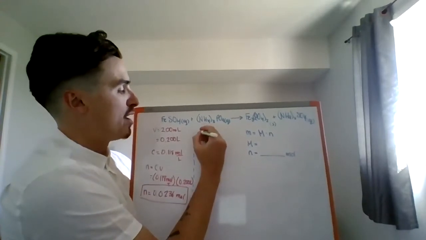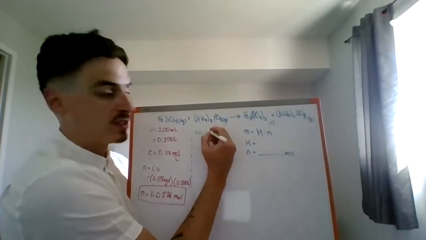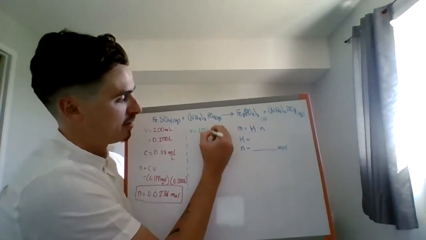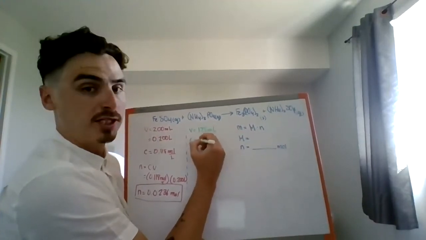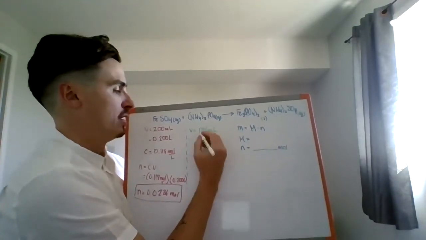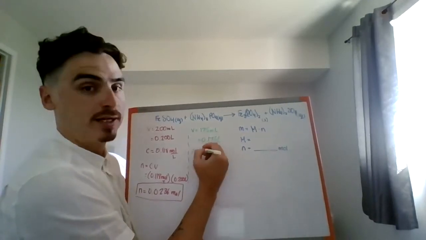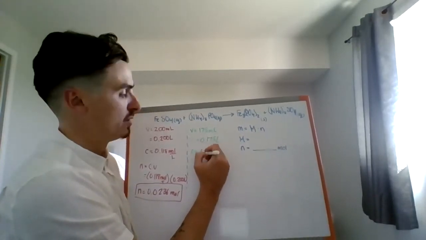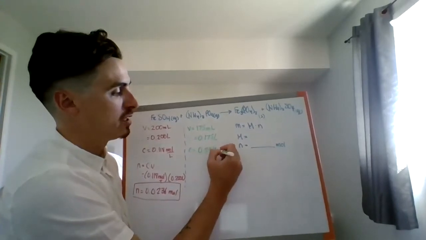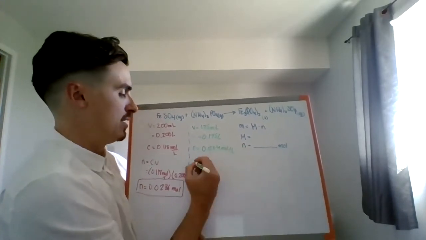So for ammonium phosphate, they said the volume was 175 and the concentration, so again, 0.175 liters. Concentration is 0.204 moles per liter. Find the moles.